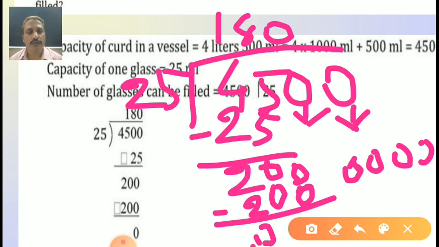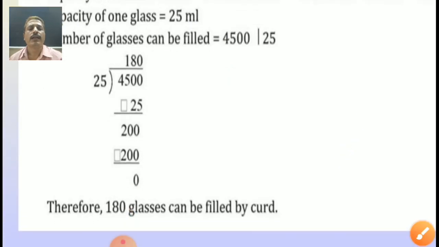Here you have the answer: 180 cups of 25 ml can be filled with 4 liters and 500 ml of curd. Easy. Therefore 180 glasses can be filled by curd of 4 liters 500 ml.